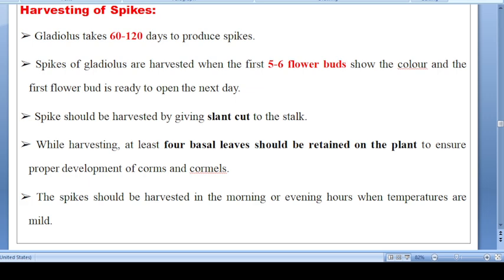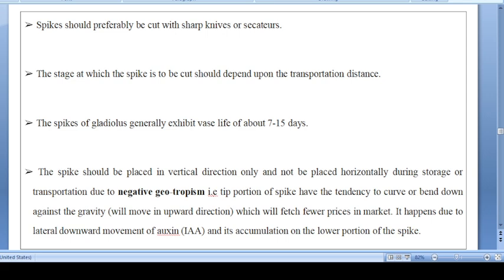Normally germicide, citric acid related substances we can keep to avoid secondary infestation. When we are using the knives or secateurs, that also we have to properly disinfect. Otherwise it will also lead to the occurrence of some post-harvest disorders or diseases.